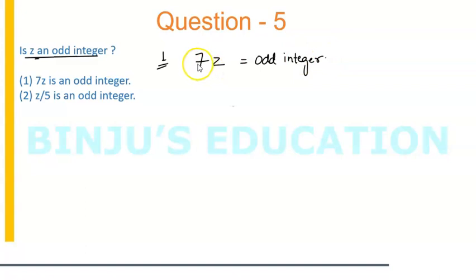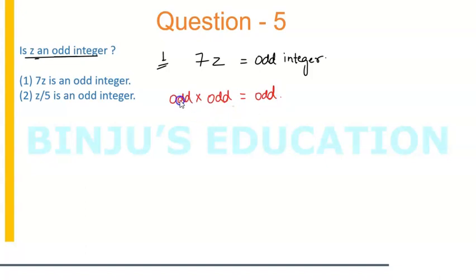Now 7Z basically means 7 into Z is an odd integer. I know that when you do odd multiplied by odd, that is the only case when you get the result to be odd. So 7 is odd. We do not know what Z will be, and the result is an odd integer.